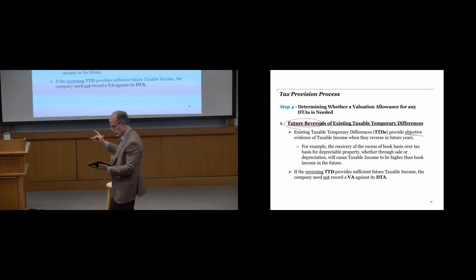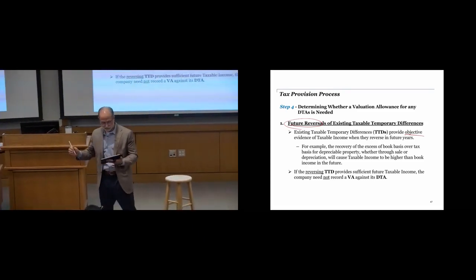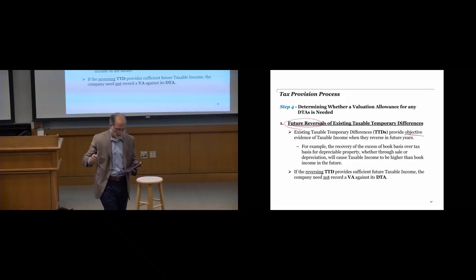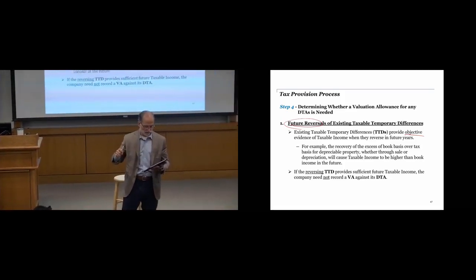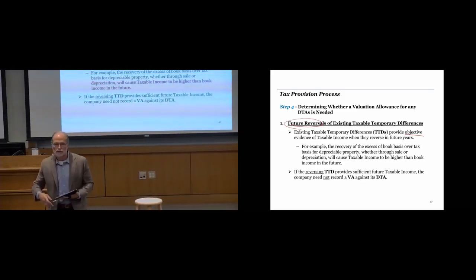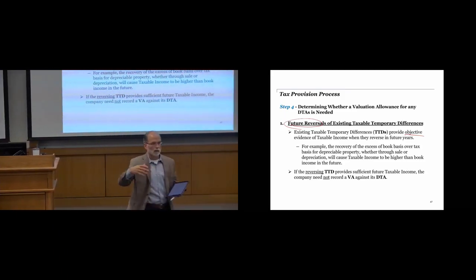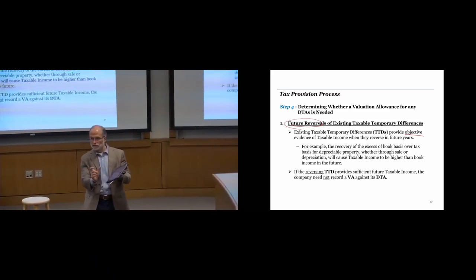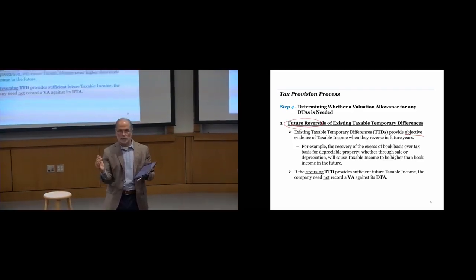For example, the recovery of the excess of book basis over tax basis for depreciable property, whether through sale or depreciation, will cause taxable income to be higher than book income. What that's saying is, remember in the early stages of a new property, plant and equipment investment, I'm going to take accelerated depreciation.